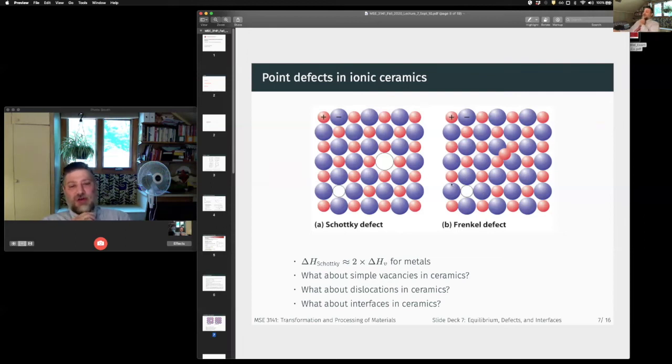In ceramics with very small cations, Frenkel defects tend to dominate. Where the anion and cation are closer in size, we end up with more Schottky defects, right?